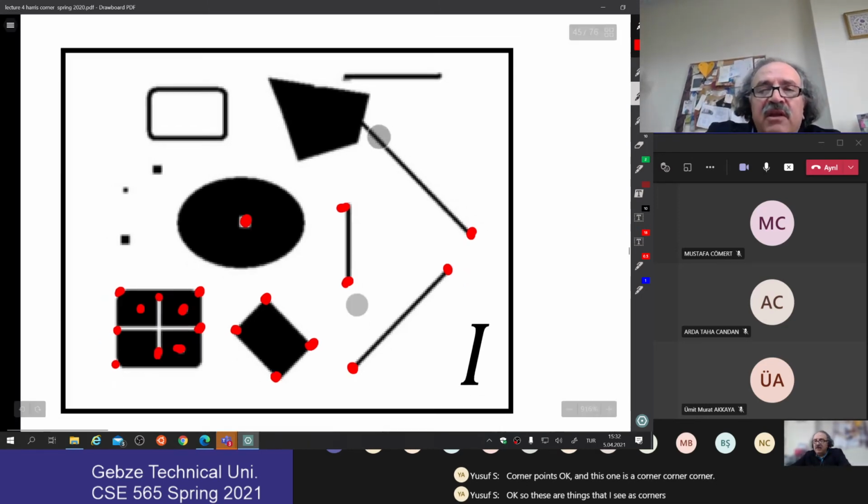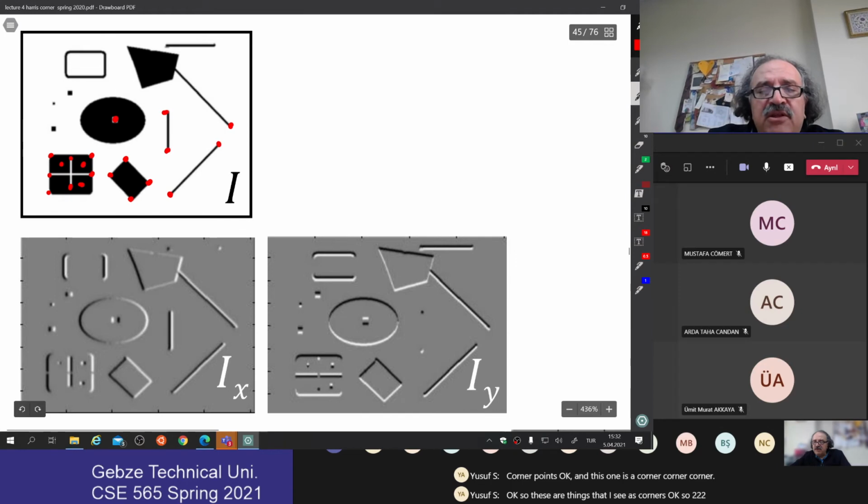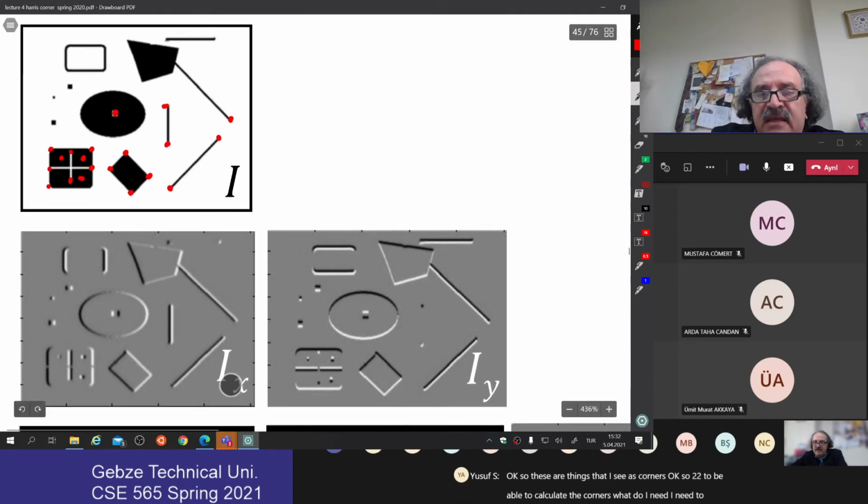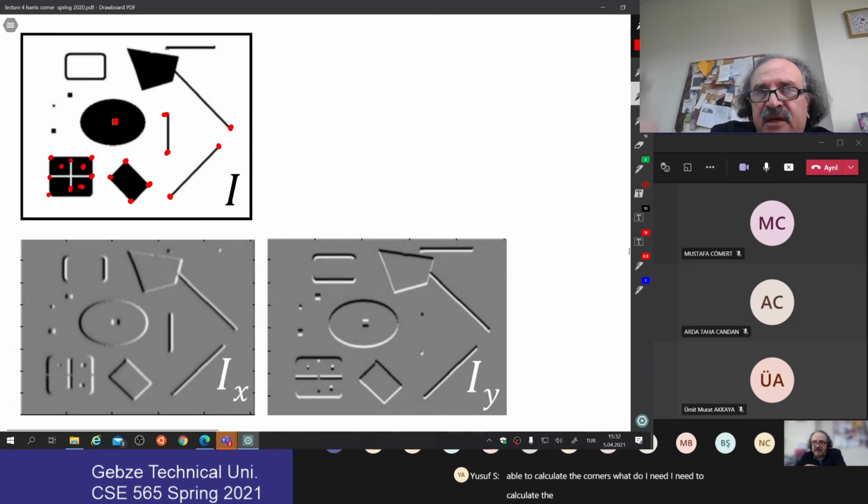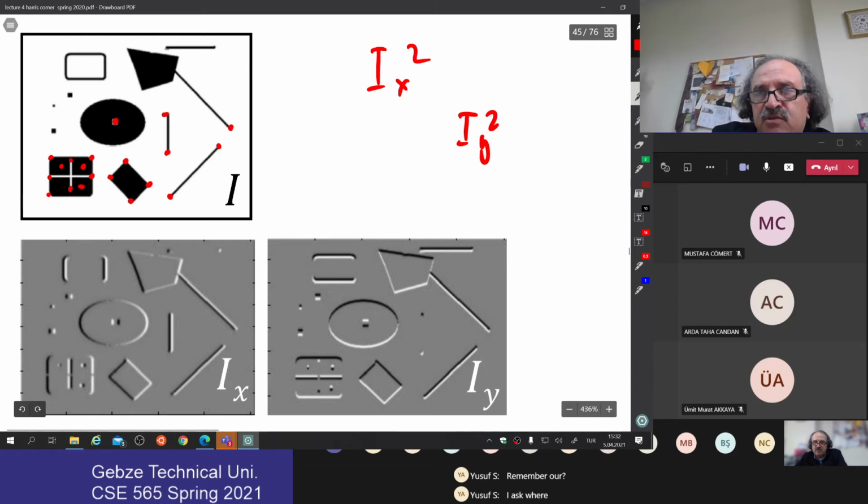So to be able to calculate the corners, what do I need? I need to calculate our Ix squared, Iy squared, and Ix Iy.